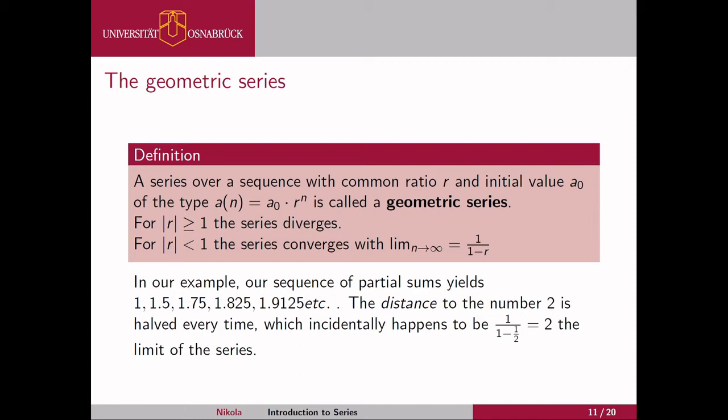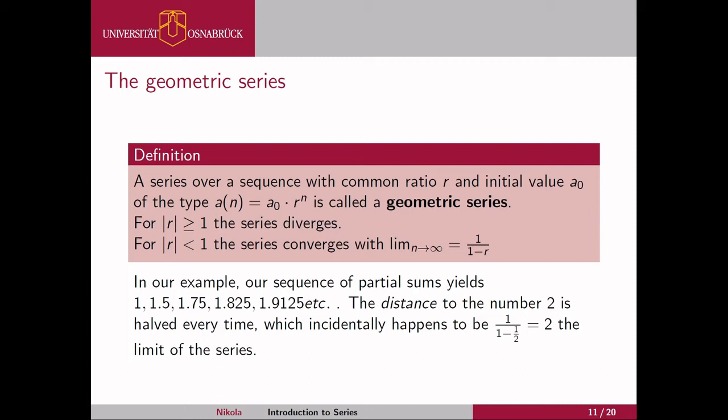And if we build the sequence of partial sums, so basically the series, you can notice one odd property, which is if you take the first term, 1, and you calculate the arithmetic mean between 1 and 2, you get the next term, which is 1.5. And if you, again, take the arithmetic mean between 1.5 and 2, you get 1.75, and so on.